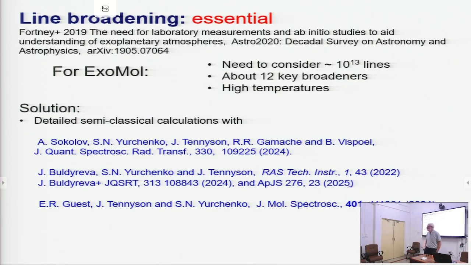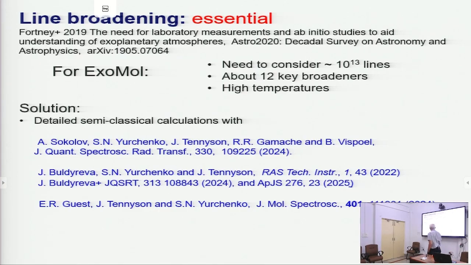And there are probably about a dozen colliders we're interested in: obviously hydrogen, helium, CO, CO2, nitrogen, oxygen, a few more, water we need to think about, and we need to worry about high temperatures.